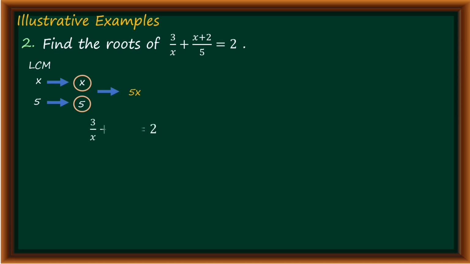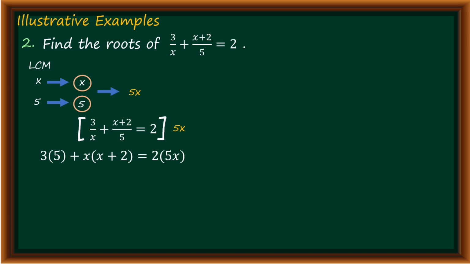Next, let us multiply the whole equation by the least common multiple 5x. 5x times 3 divided by x: x is eliminated, so it will give us 3 times 5.